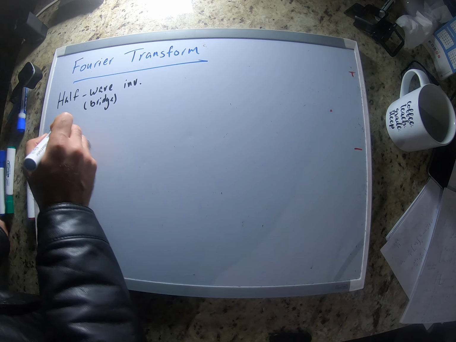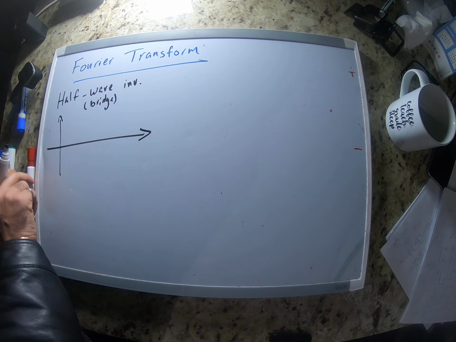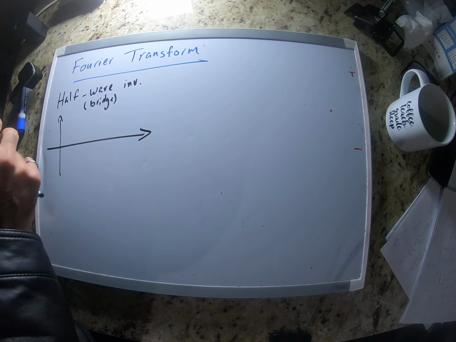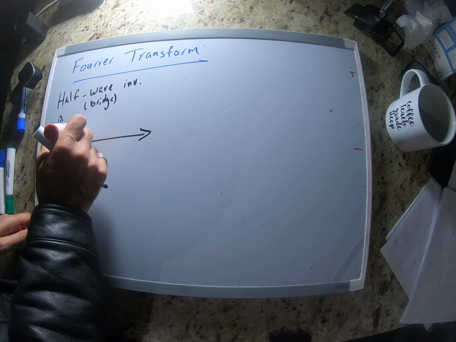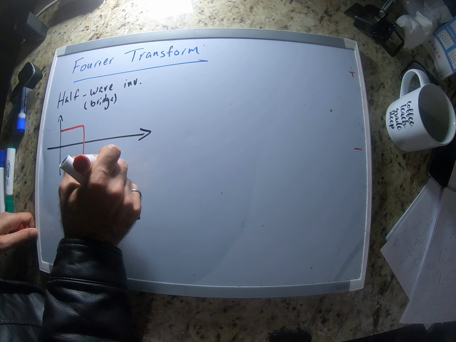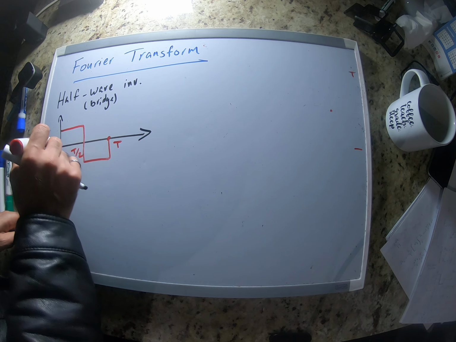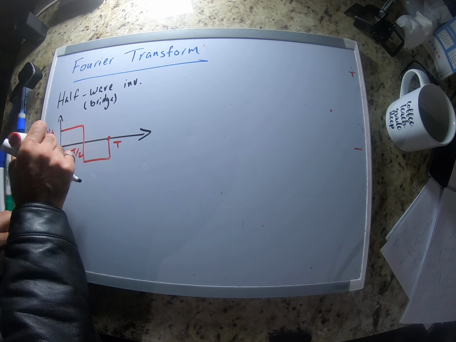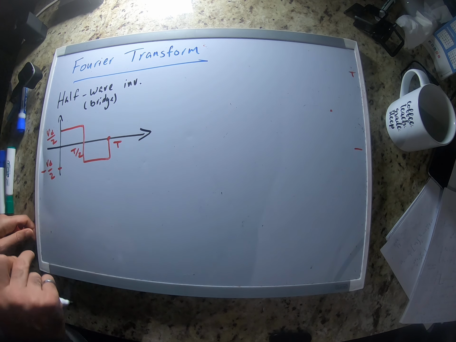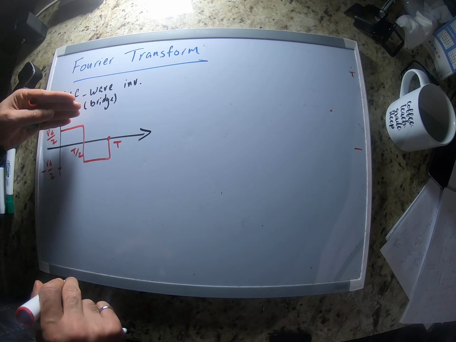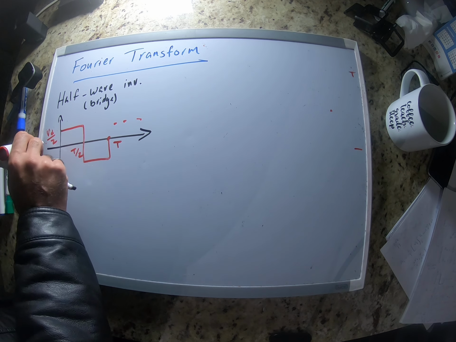So in the previous video, I showed you that the signal that we get out of the half wave inverter looks like this. VDC over 2 and negative VDC over 2. It only has two voltage levels, VDC over 2 and negative VDC over 2, and it's periodic. Okay?